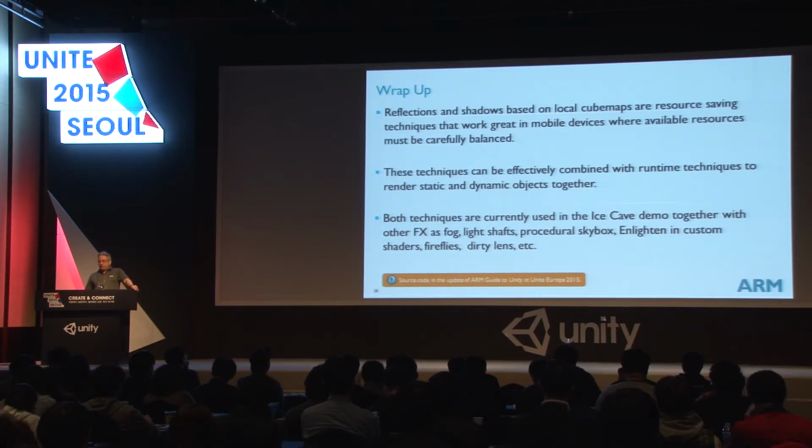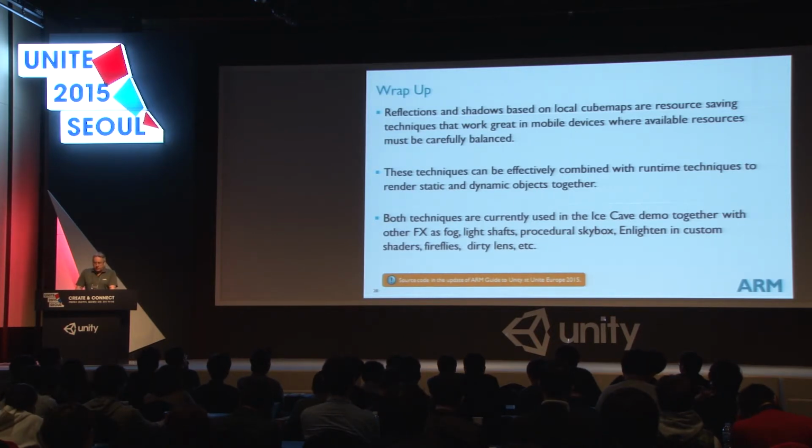And finally, I would like to invite you to come to our booth to check for yourself how these techniques, reflections and shadows based on local field models, are combined to produce really nice visual effects in the ice skate demo, where you will be able to see other special effects such as fog, light shafts, procedural skybox, and also lighting used in a very specific way in our custom shaders.